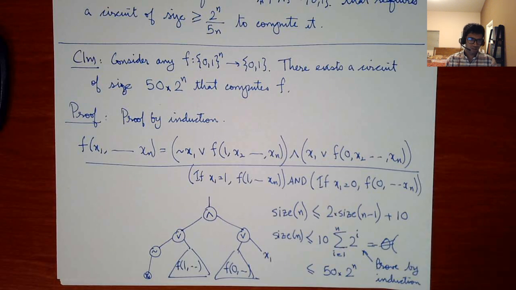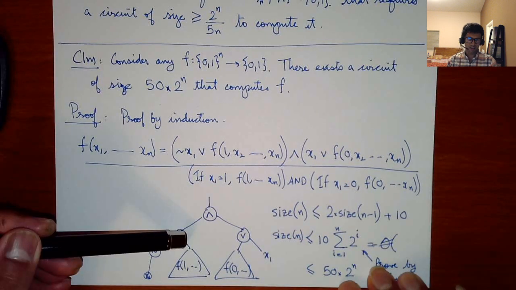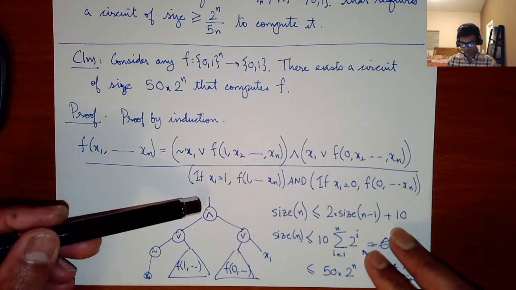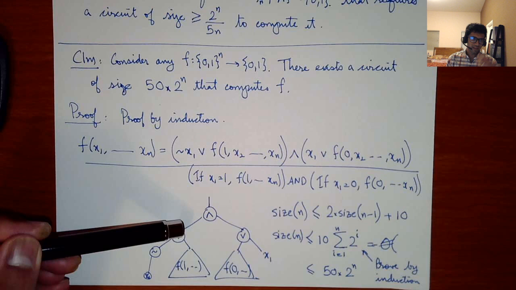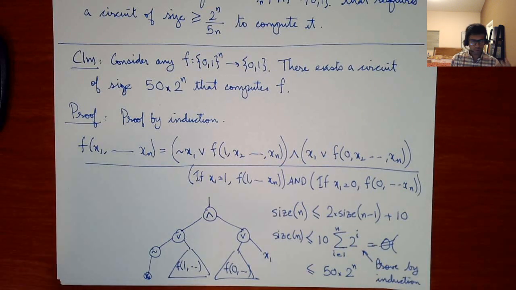So another way to think about this is, it's kind of like saying that for every possible entry in the truth table, there's a path that goes down the tree. Like if x1 is equal to 1, then it goes down here. And then if x2 is equal to 1, then it goes down another path, and so on and so forth.